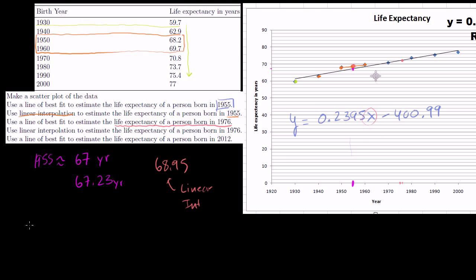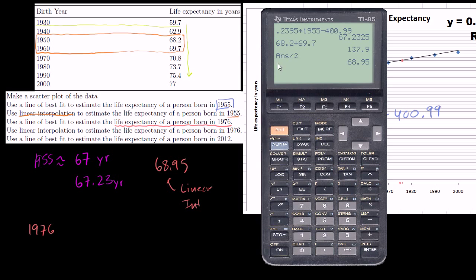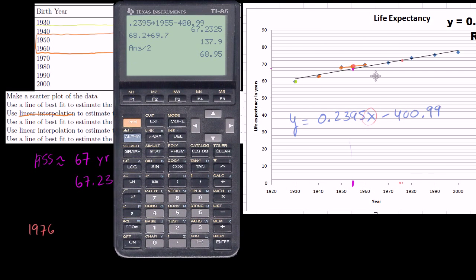So in 1976, this is going to be the line of best fit. The line of best fit is going to give us, if we actually figure out what this line value gives us, 0.2395 times 1976 minus 400.99.